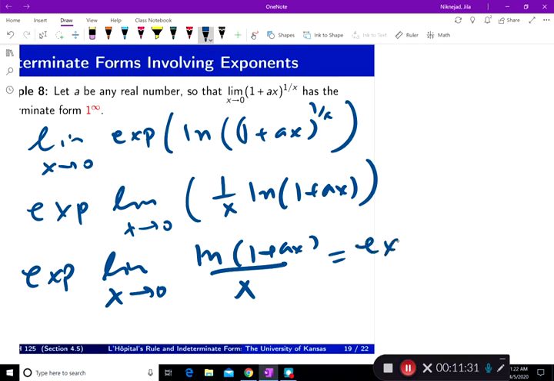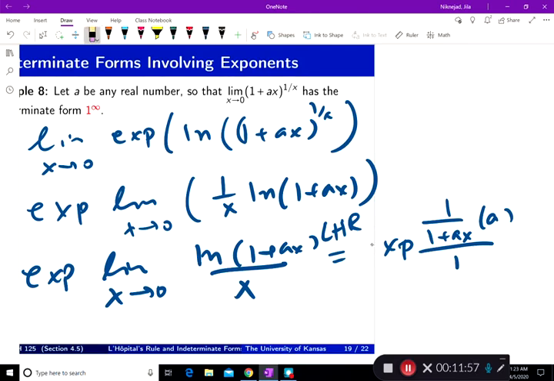So it ends up with exponential. Then I do L'Hopital's rule, and exponential of L'Hopital's rule. This log becomes 1 over 1 plus ax times the derivative of inside, which is a. The derivative of the bottom is 1. And I forgot the limits, and never forget the limits, because otherwise this entire thing becomes untrue.